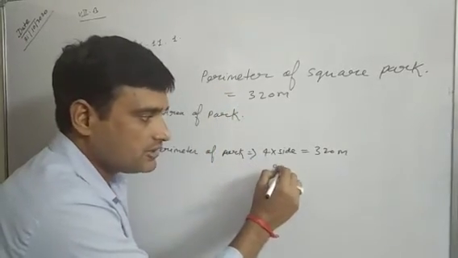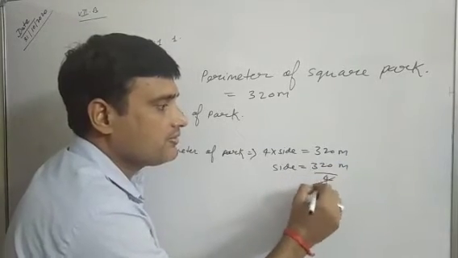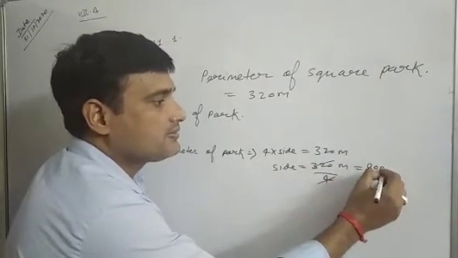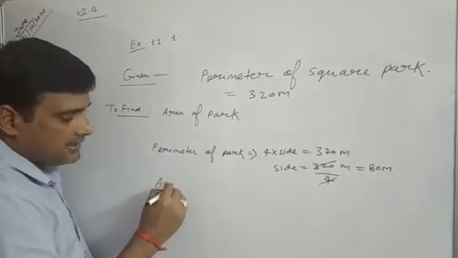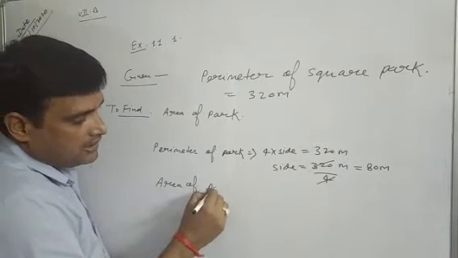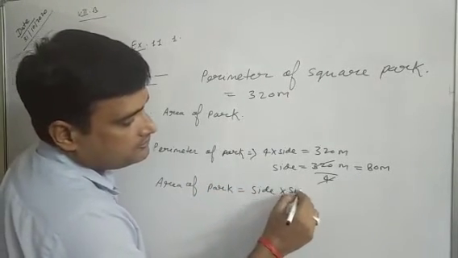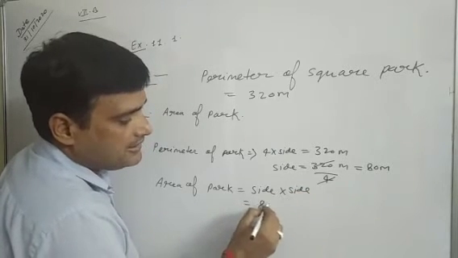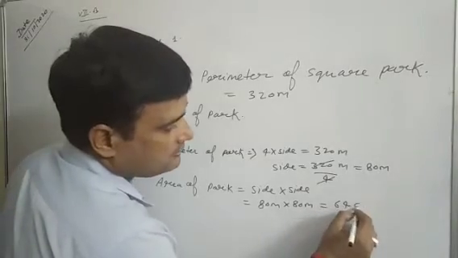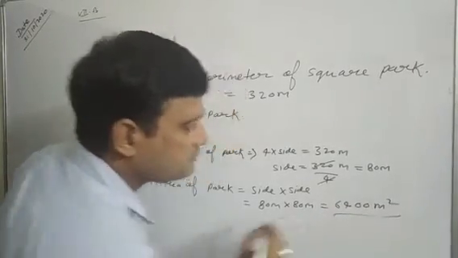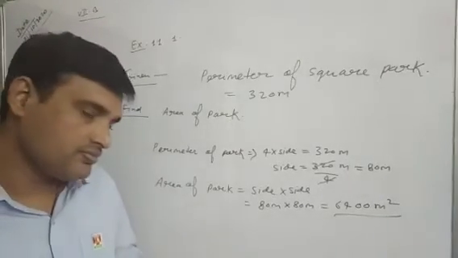Now side is equal to 320 meter divided by 4, 80 meter. Understand? Now area of park is equal to side into side, 80 meter into 80 meter square. This is the area of park. Understand?